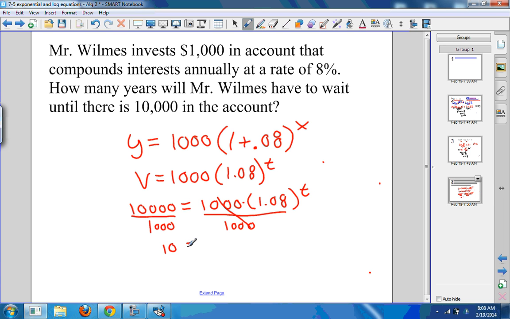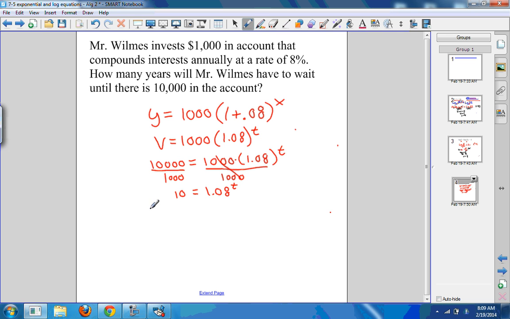So 10 is equal to 1.08 to the power of t. All right, so now I can take the log of both sides. Make a little more room here. So I'm going to put down the log of 10 is equal to the log of 1.08 to the power of t.